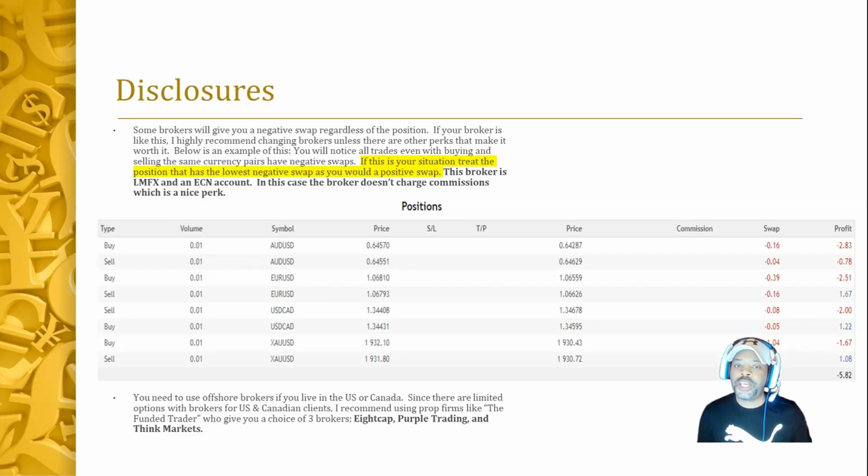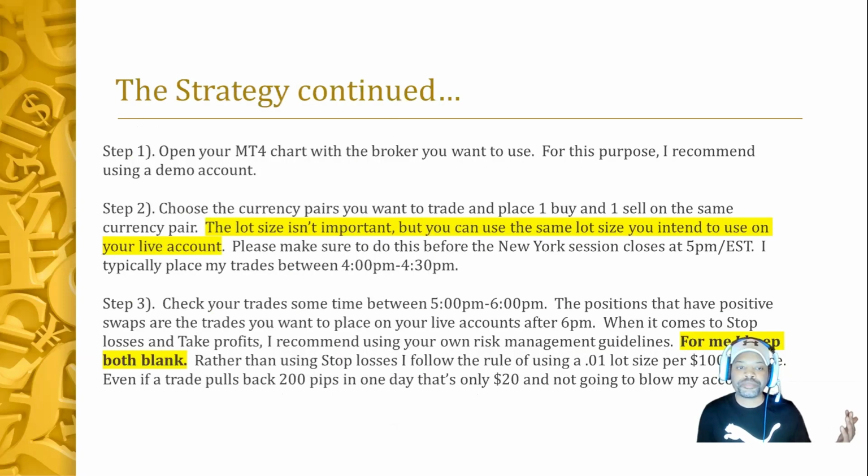And when it comes to finding a server for Australia, I think the closest location for us is like in China. So it's still kind of hard to get a good connection. But Purple Trading and Think Markets, super low spreads, super fast speeds, and phenomenal brokers, in my opinion.